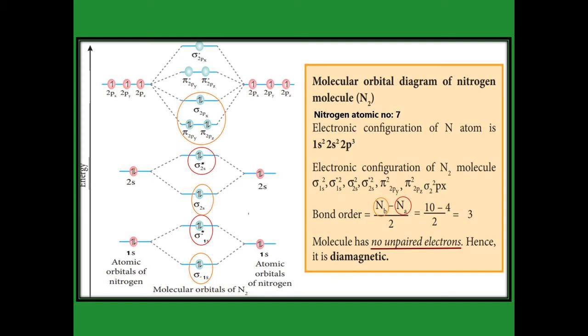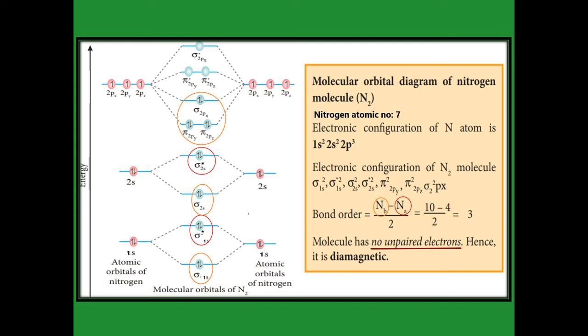Now for bond order, Nb means the orange color circle, you have to concentrate, and Na means the red color circle. In orange color, how many electrons? 10 electrons: sigma 1s 2 electrons, sigma 2s 2 electrons, pi 2py and pi 2pz contain 4 electrons, and sigma 2px 2 electrons. So totally 10 electrons.